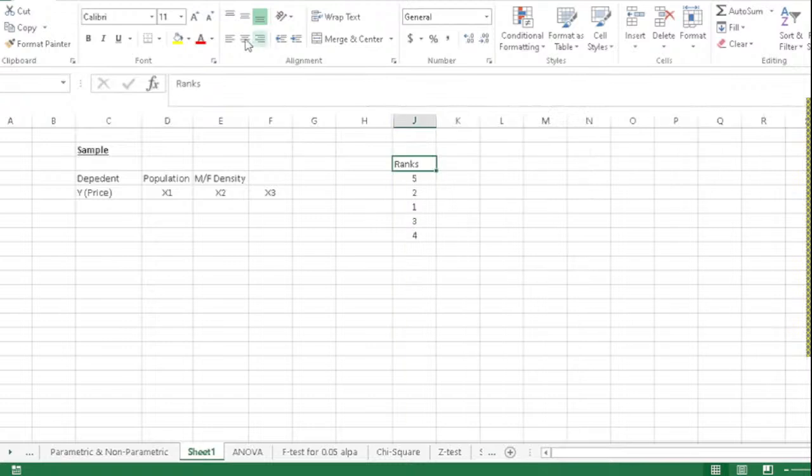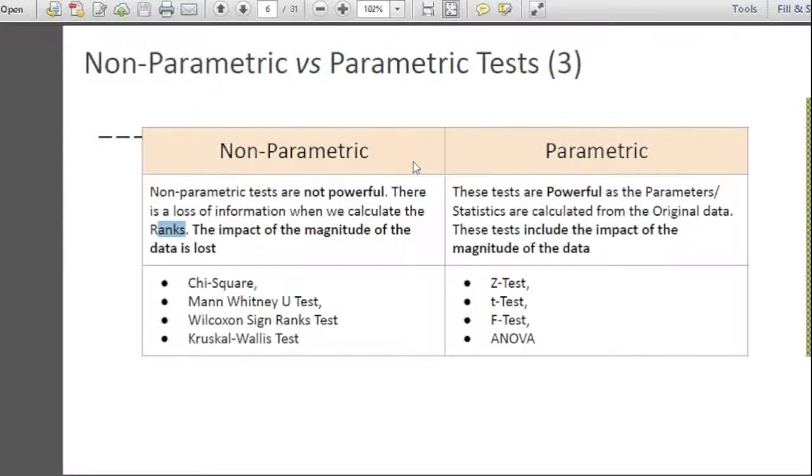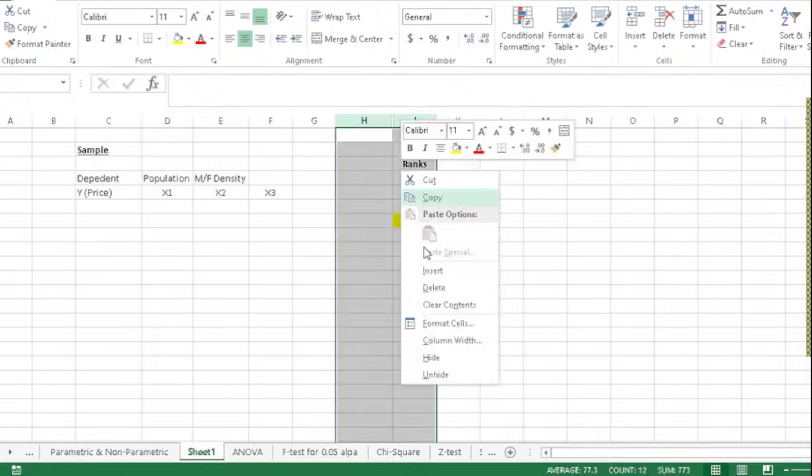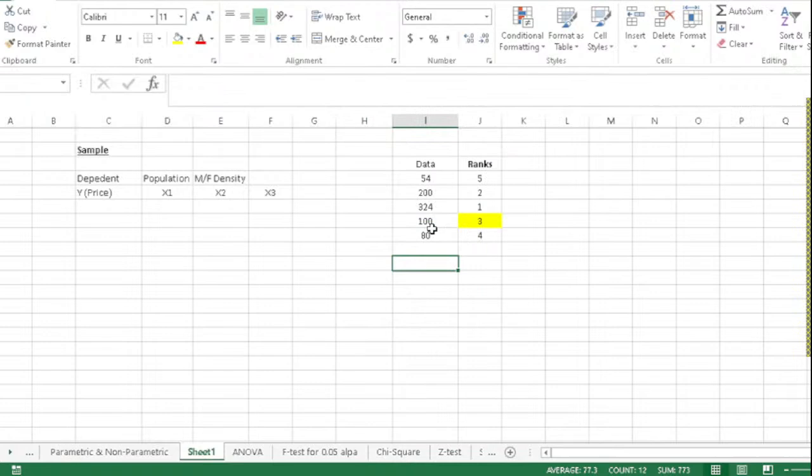Now, if I have the ranks, do you think I actually have the entire information about the data? No, right? It is only giving me the order. So when you're dealing with rank or with median, I can still calculate the median. This number is my median. When I have the ranks, I can calculate this as the median, but actually I don't have the numbers. Are you getting it?